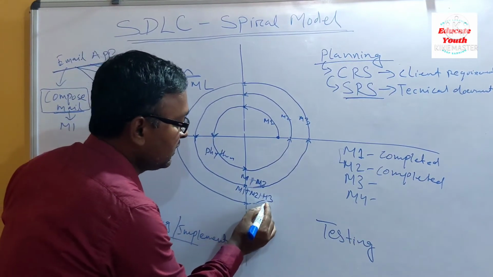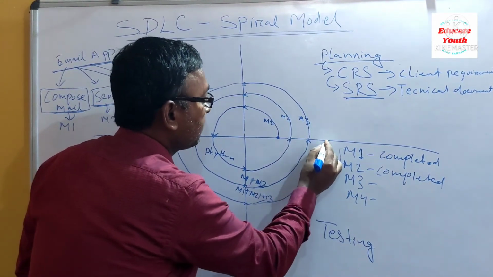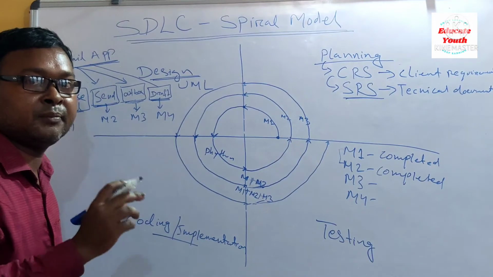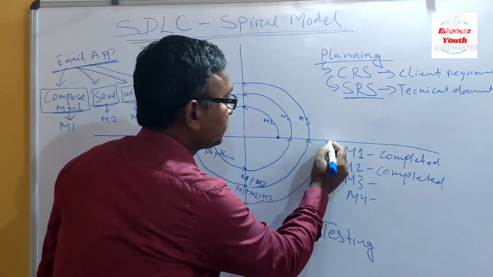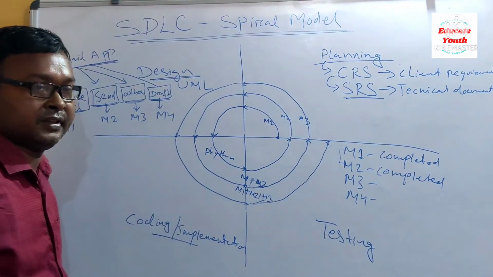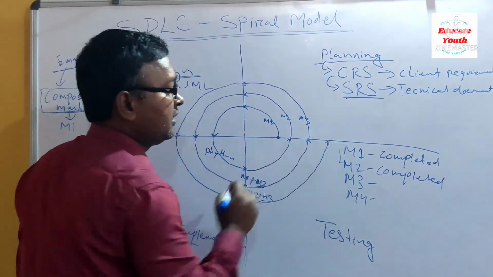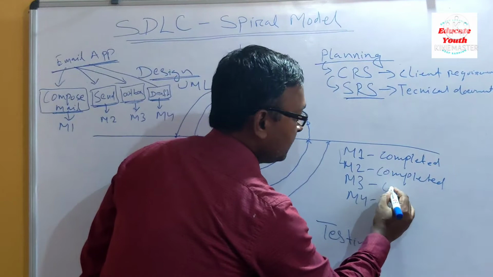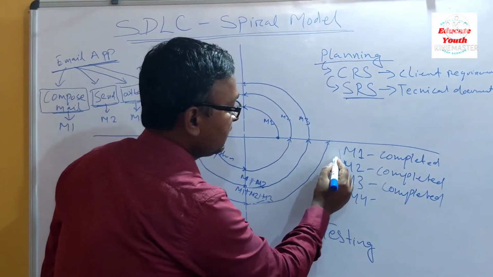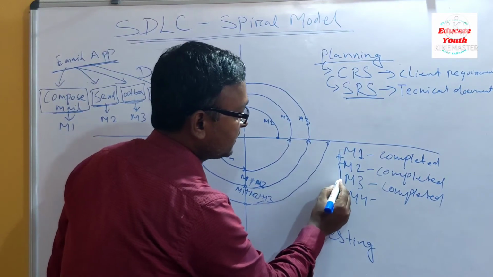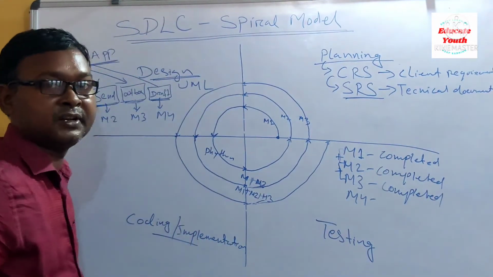Testing will be done. Then you have completed the development of M1, M2, M3. Understood? So you are in this particular phase. You are here right now. Your M3 is also completed, and your integration of M1 plus M2 plus M3 has also been completed.